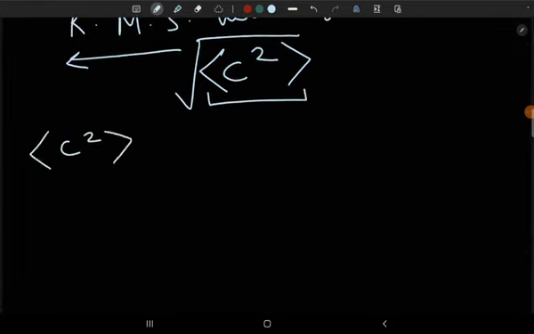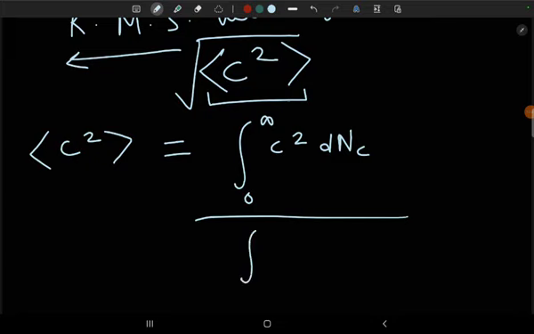The average c squared was given in the same way as we know for the average formula, it is the integral from 0 to infinity of c squared dnc upon the integral from 0 to infinity of dnc.